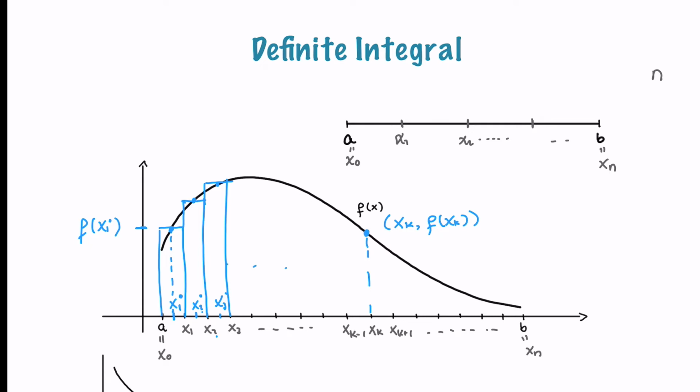When we get to this one here, xk, remember the k goes with the k here, xk dot would be the height, and we would be considering this rectangle. So we're going to be filling all this up with rectangles.